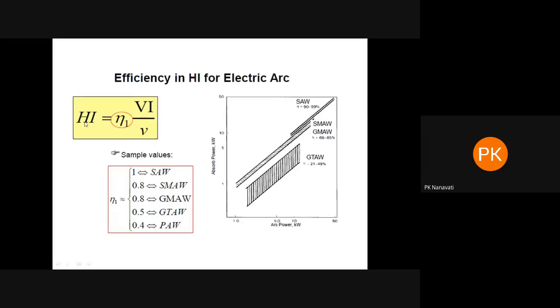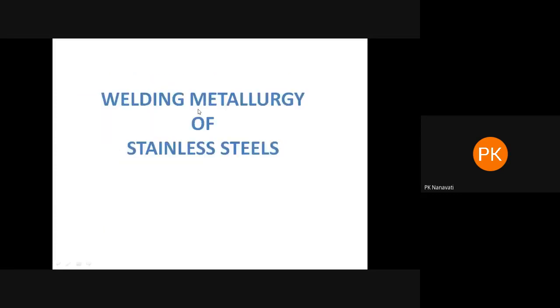Okay, so heat input has influence on the dilution, heat input influences the microstructure and properties. That is why it is essential to understand heat input. Okay, now we are moving on to our main discussions on stainless steel.